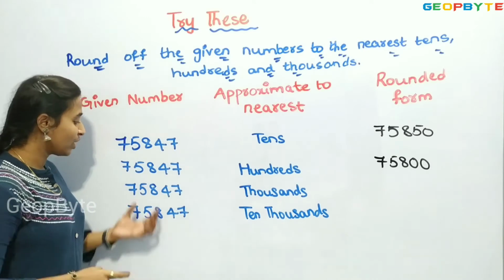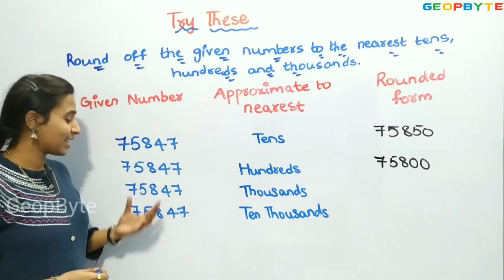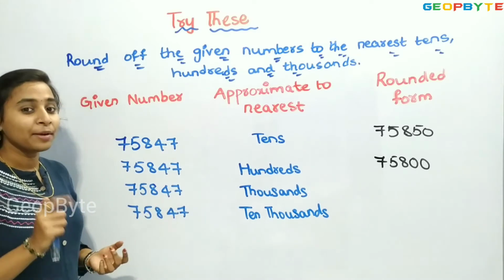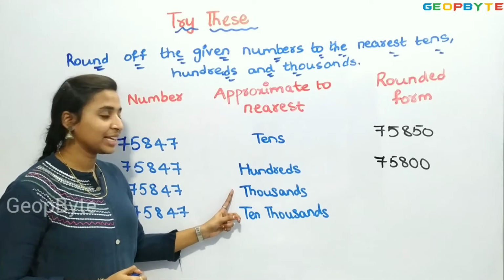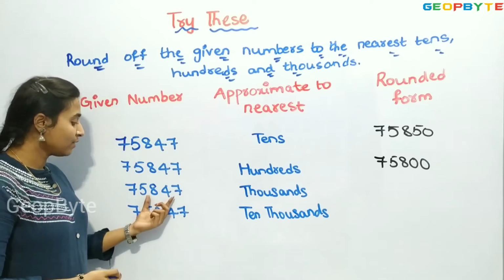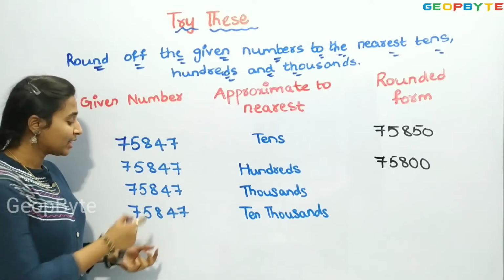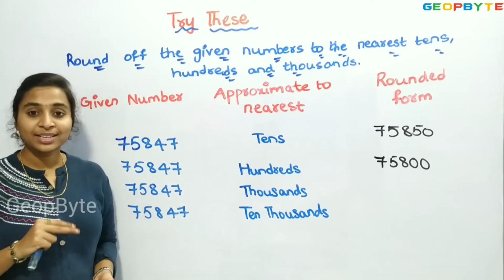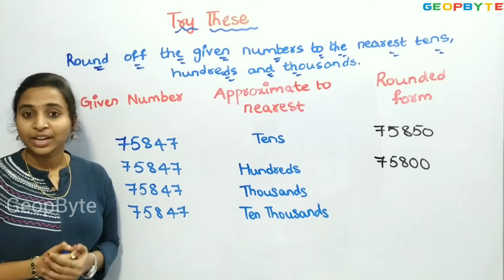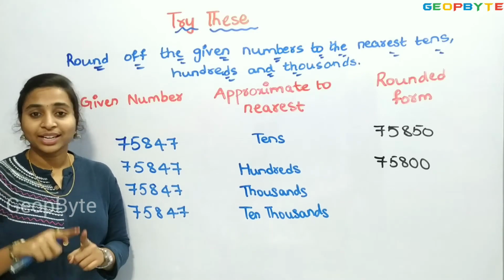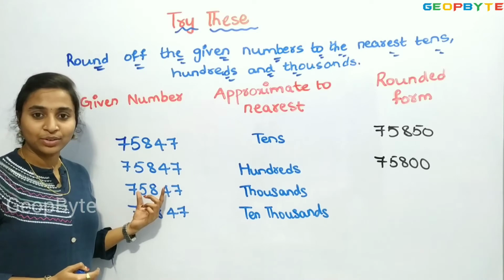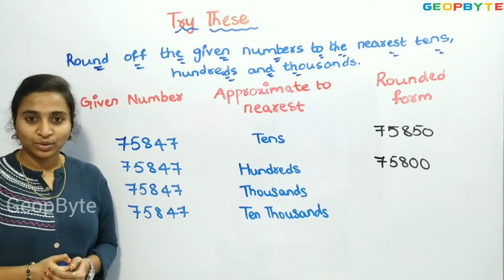Now let us see the third one, that is again the same number, 75,847. We need to round off to the nearest thousands. If you see, we have 847. 847 is above 500. Above 500 means we need to consider 1000, that is the next one. This number lies in between 75,000 and 76,000.